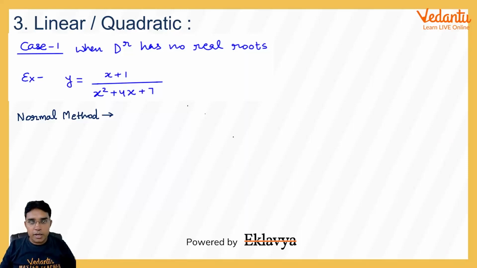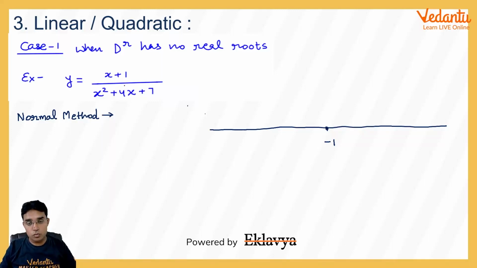Because the denominator is not having any real root and the numerator is having only one real root, minus 1, the function will become equal to 0 there. But because the denominator is quadratic and the numerator is linear, as x approaches infinity or minus infinity, in both cases the value of this function should approach 0. And by wavy curve, here it will be positive, here it will be negative. So the graph will be something like this.